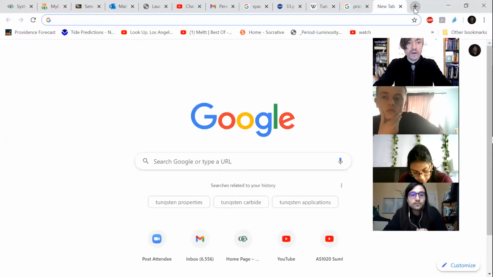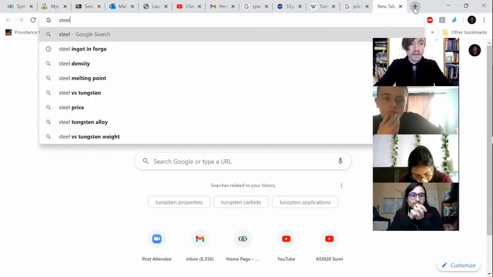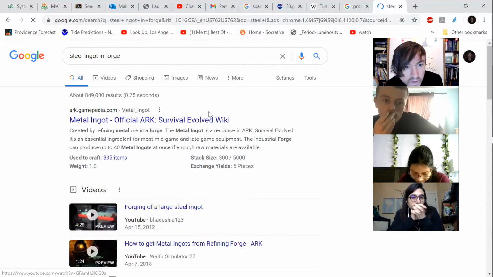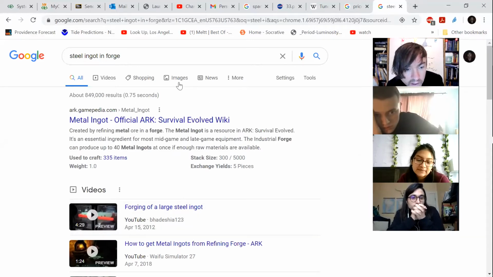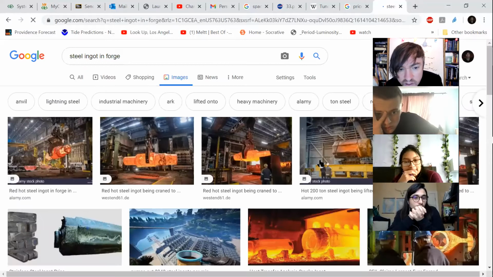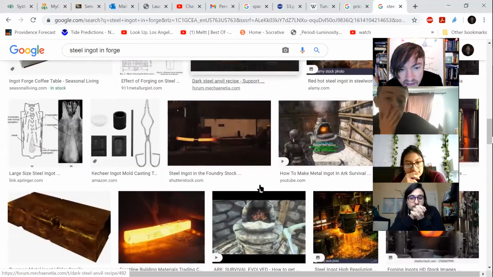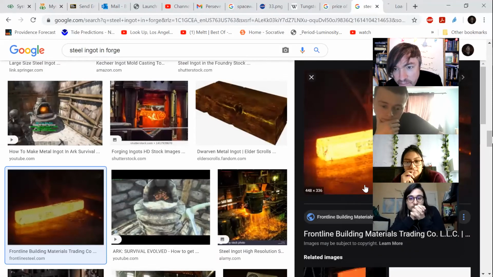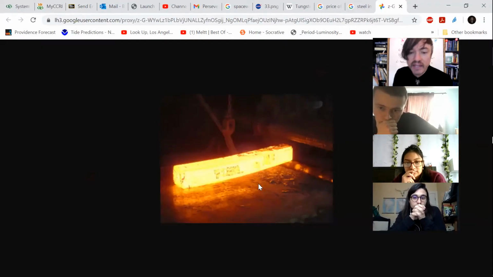Let me show you the steel ingot in a forge picture again. Remember this one? I don't know what the luminosity of this glowing block is, but let's pretend this thing pumps out a total luminosity of 100 watts.